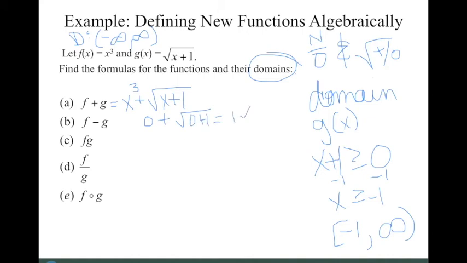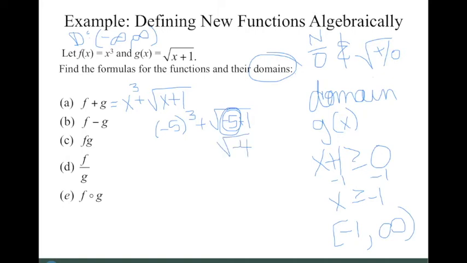No problem. Okay, I'm going to go ahead and erase that for space. What if I try a different number? What if I try -5? So substituting, I have -5 cubed plus the square root of -5 plus 1. -5 cubed won't be a problem, but the problem is here, because -5 plus 1 is -4, and I can't take the square root of -4.